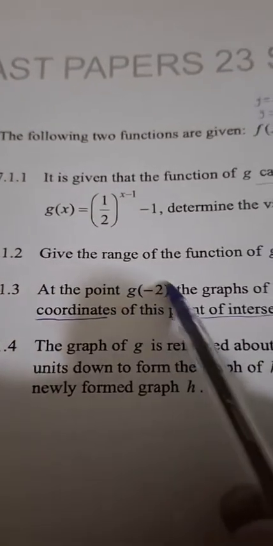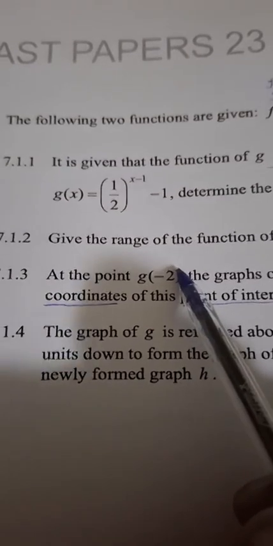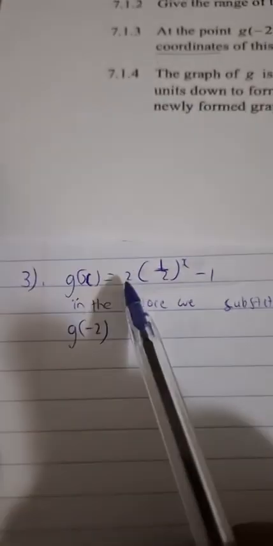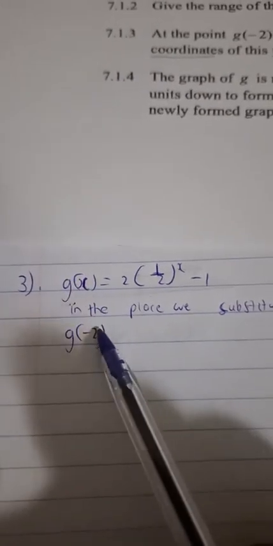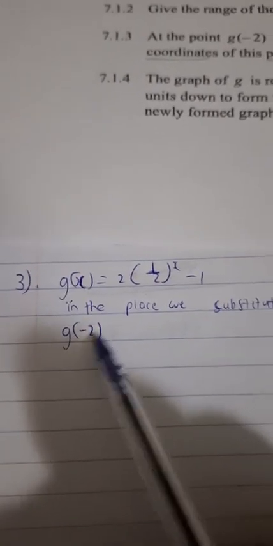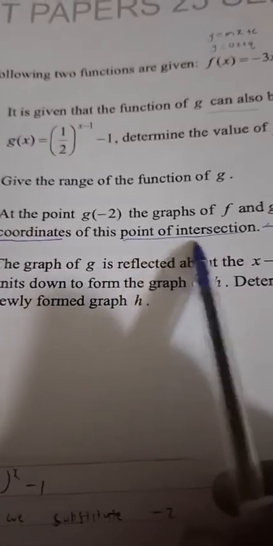So now here we are told at the point g of -2. Remember, what did I say g of -2 means? It means where the function g is represented, we replace x with negative 2. Remember, we are asked to find what? Determine the coordinates of this point of intersection. Guys, coordinates are simply ordered pairs.